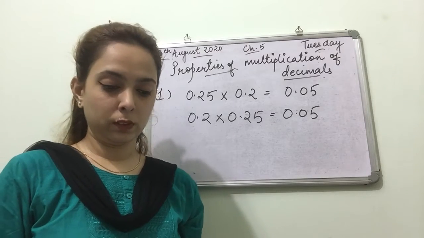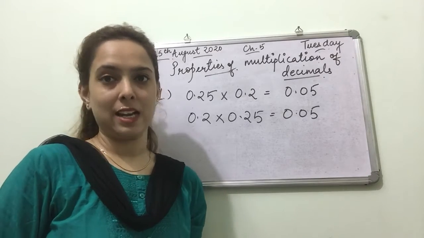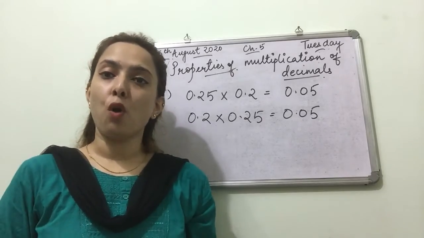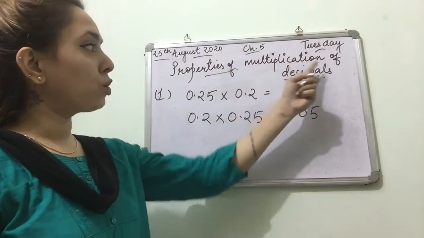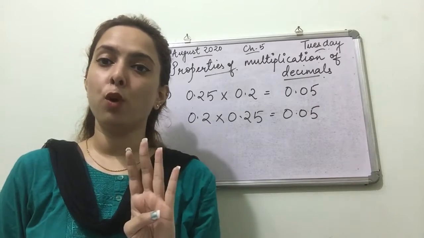So now the last topic of today's class is properties of multiplication of decimals. There are 4 properties.